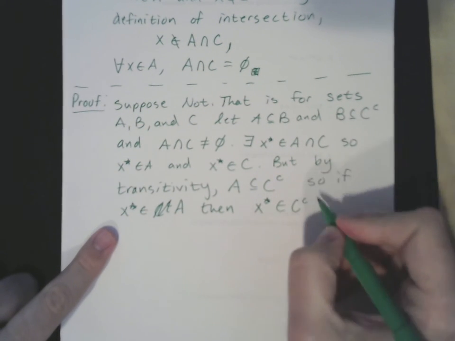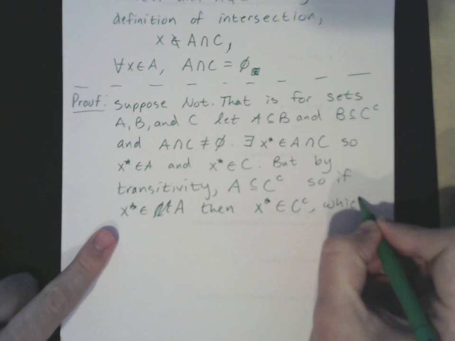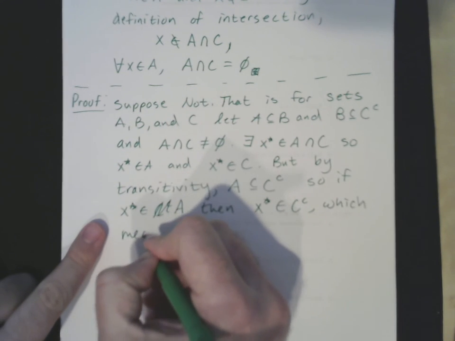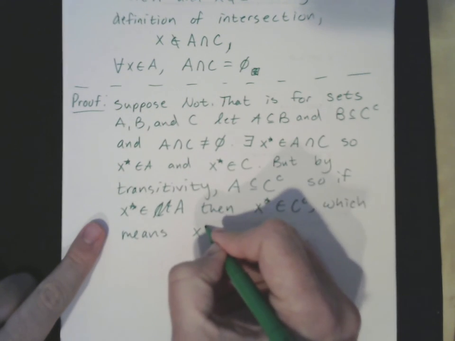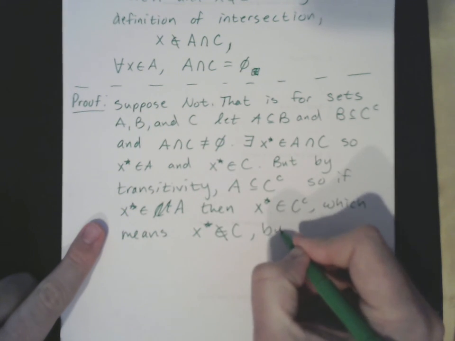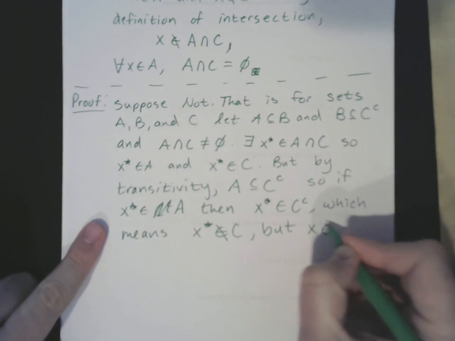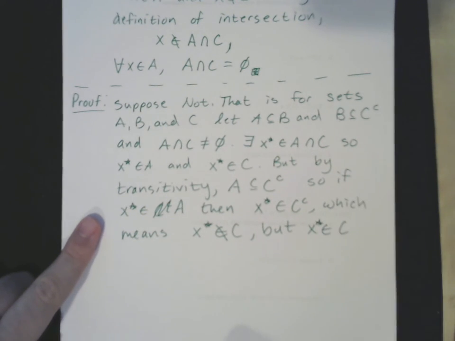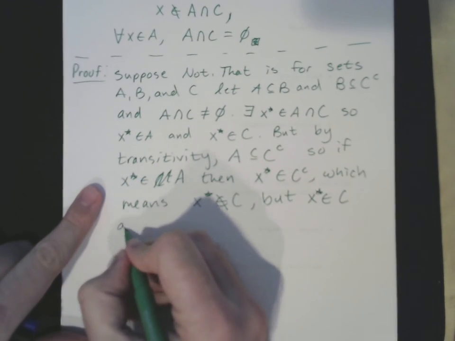And if x star is in C complement, x star is not in C, but we already know that x star is in C, a contradiction.